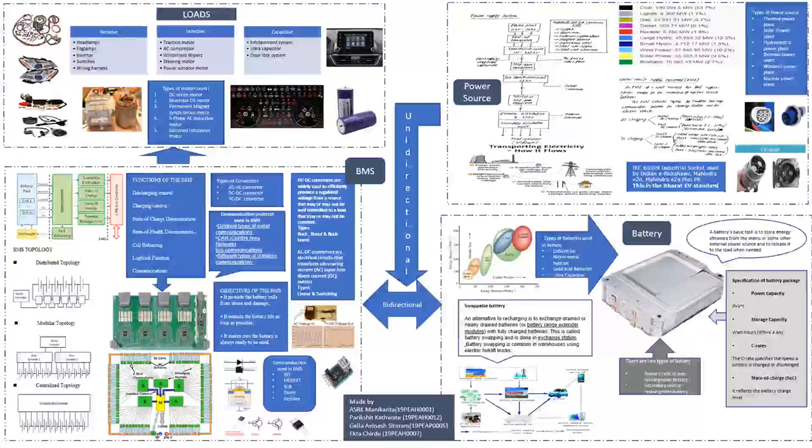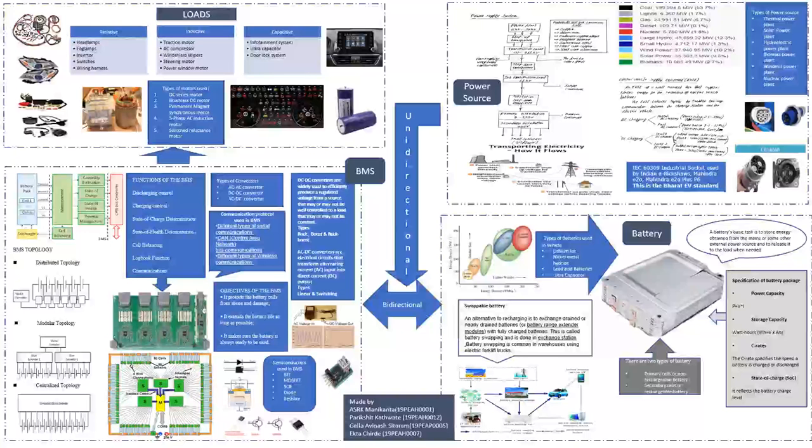In AC charging, there are two types: normal AC charging and fast AC charging. In normal AC charging, the power rating will be around 2.5 to 3 kilowatt, and in fast AC charging, it will be around 7.5 to 22 kilowatt.